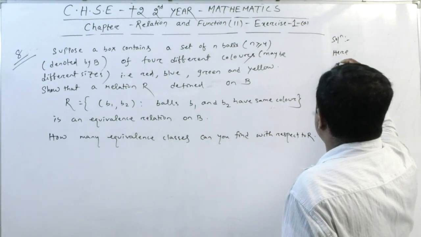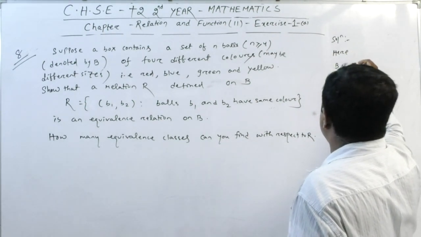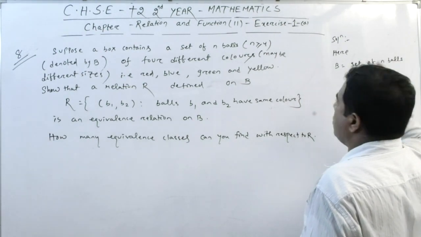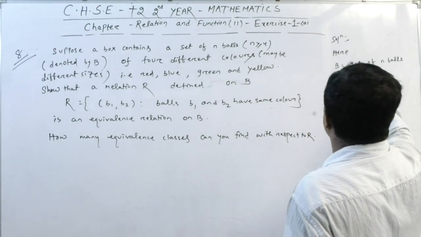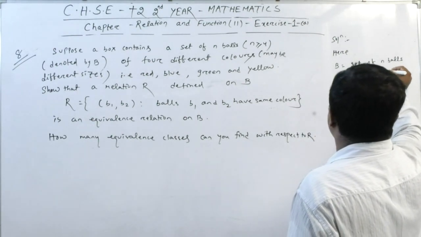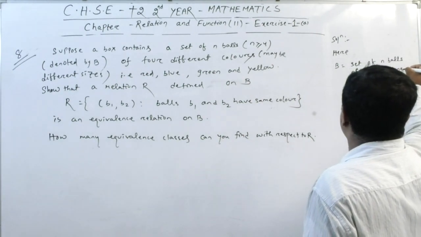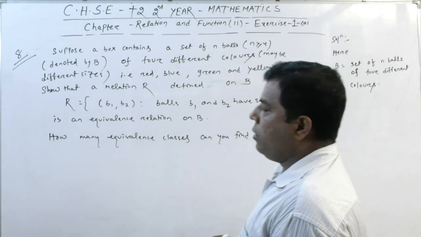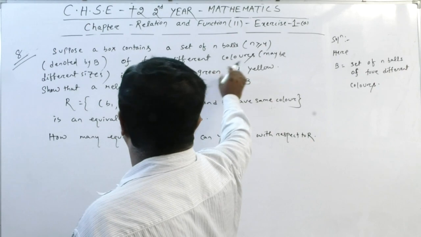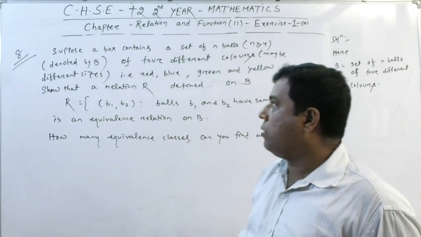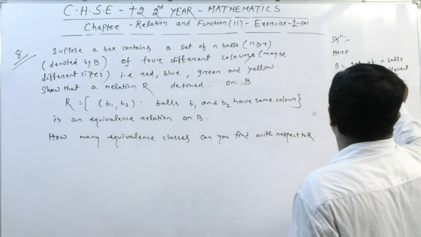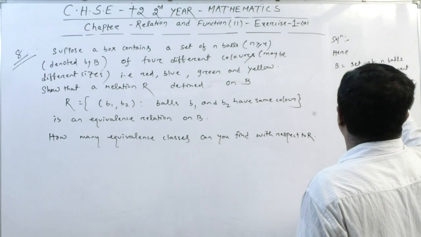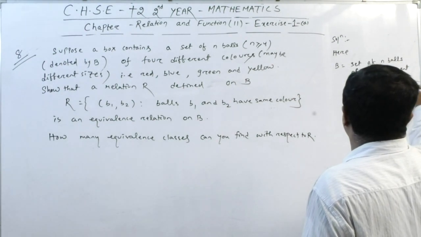Here B equals the set of n balls of 4 different colors, that is red, blue, green and yellow. These 4 different colors are taken: red, blue, green and yellow.